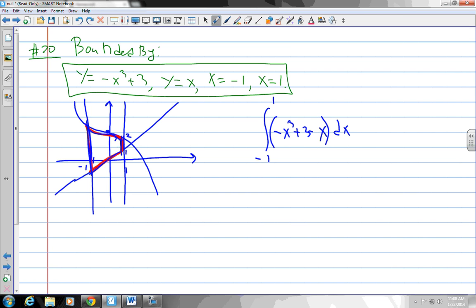If x equals 1 is more of a diagonal line, yeah, you'll have to chop it up. You don't have that symmetry. Well, the area from 0 to 1 underneath x is the same as the area above x from 0 to -1. Oh, you mean these two things?